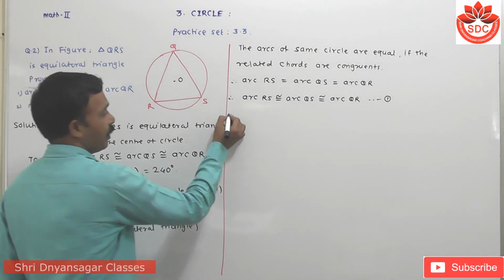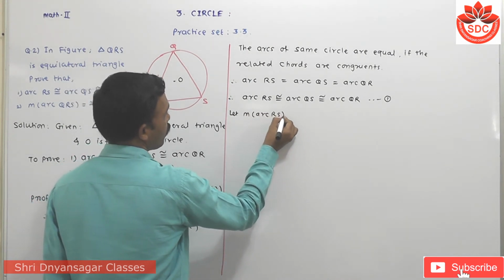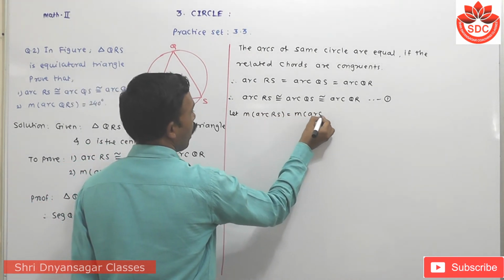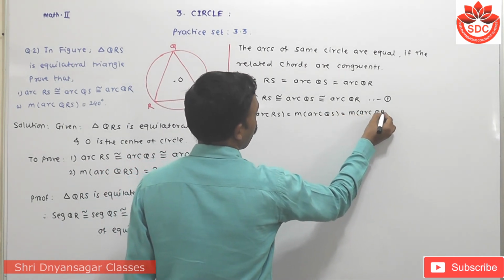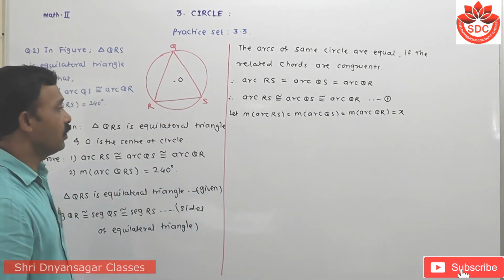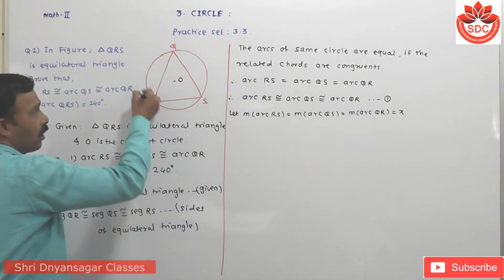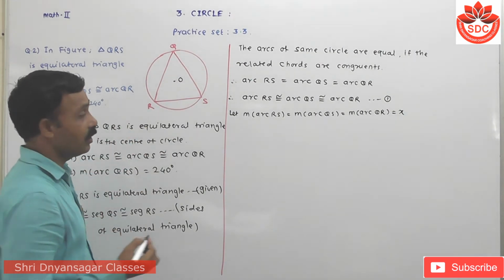Then let the measure of arc RS is equal to measure of arc QS is equal to measure of arc QR is equal to, suppose, X. Then student, when we take the addition of all these arcs, we get 360 degrees.